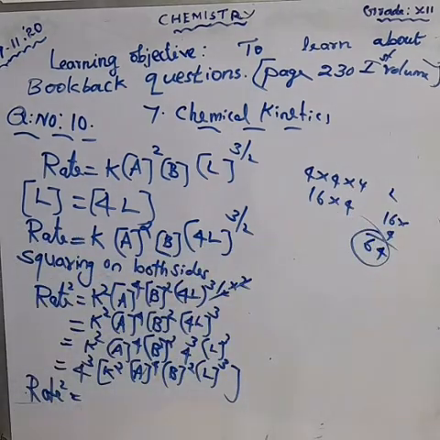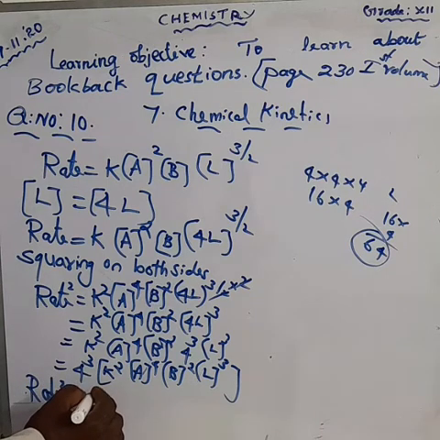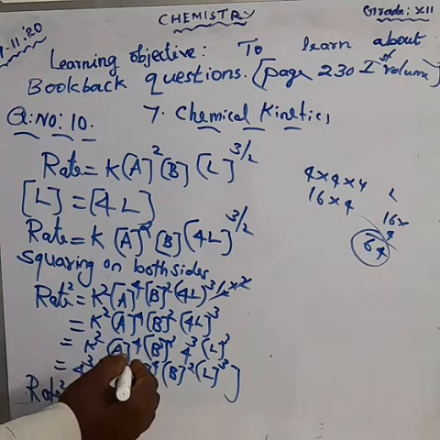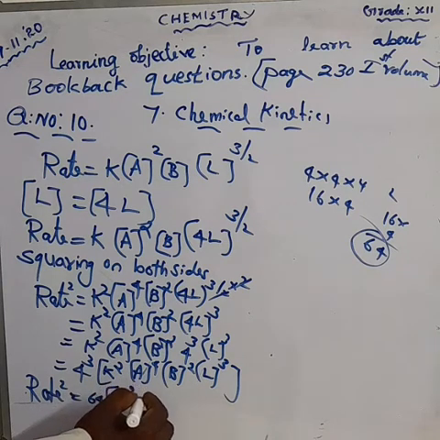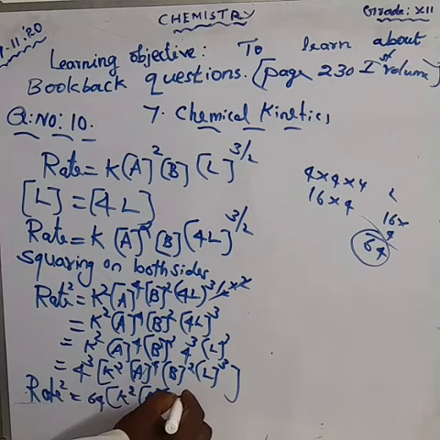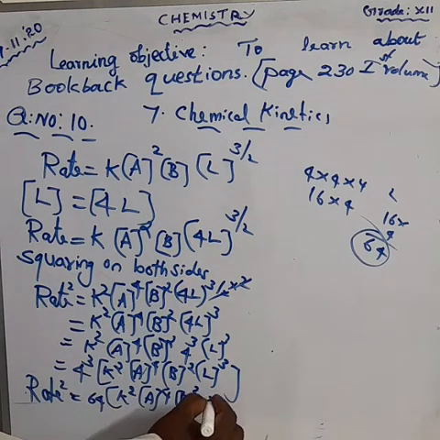Okay, 64 is the answer. So rate square is equal to 64 K square A raised to 4 B square L cube.